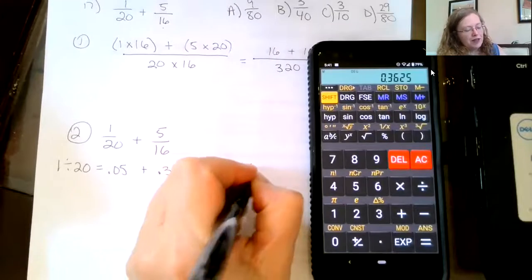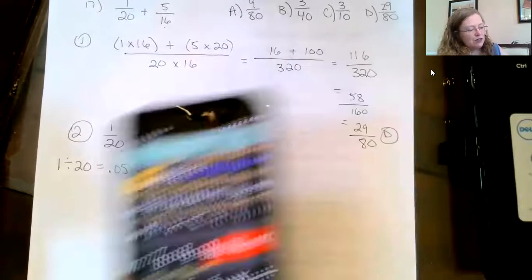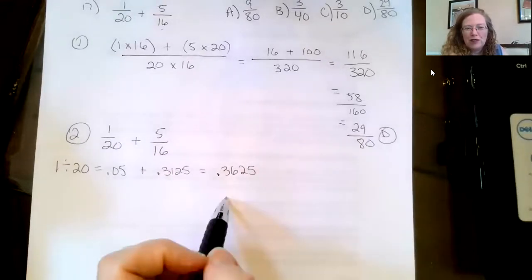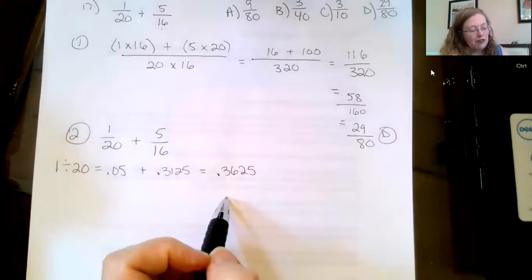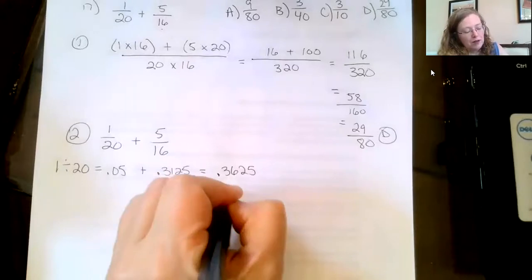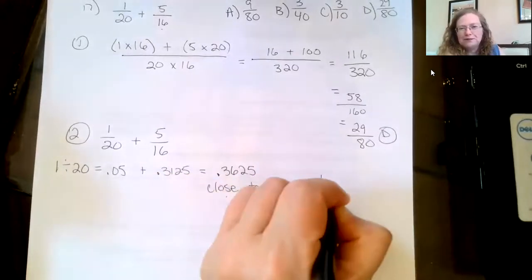0.3625. And now I analyze this. So what's it close to? Well, it's somewhere between 1/4 and 1/2. In fact, it's kind of close to 0.33 or 1/3.